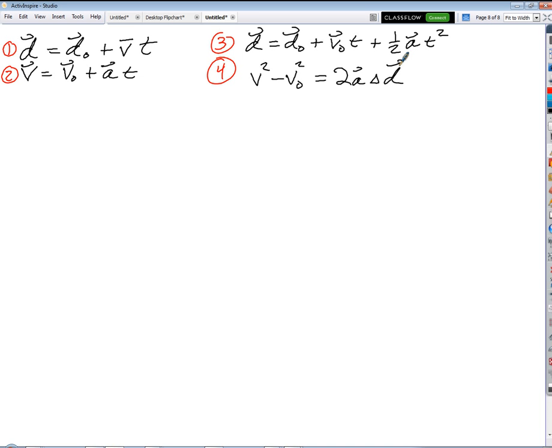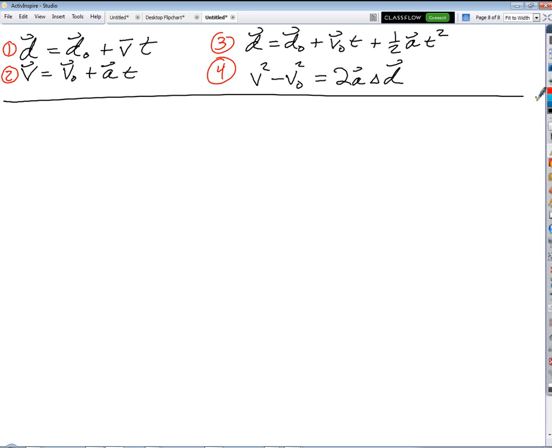Okay, so that one's useful when you don't have time. Just notice that's the one where there's no t. Keep in mind though, remember I mentioned to you earlier on this one that the v's, are they velocities? They're speeds, right? Because they're being squared, so they always appear as being positive, right? Okay, so there's our 4 kinematics equations, and now we'll be using more of those, right?